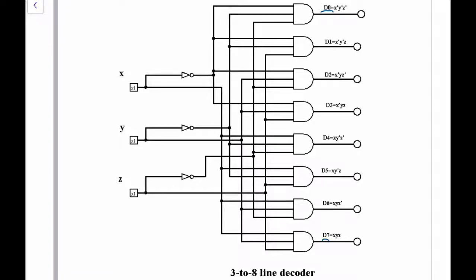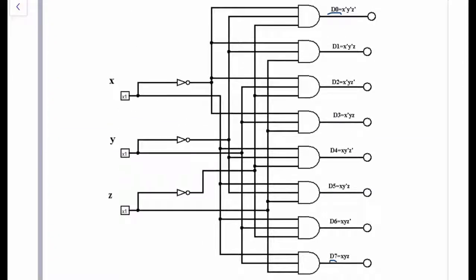Similarly, the other output lines are defined by the variables x, y, z. So there are 3 input lines, 3 inverters, and a total of 8 three-input AND gates.